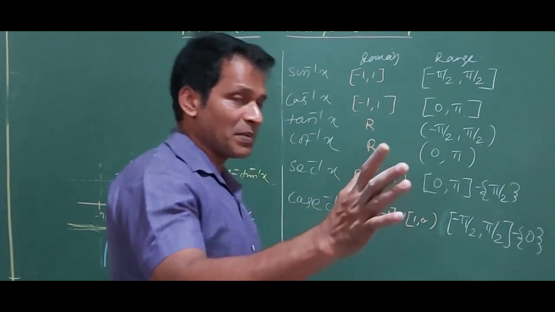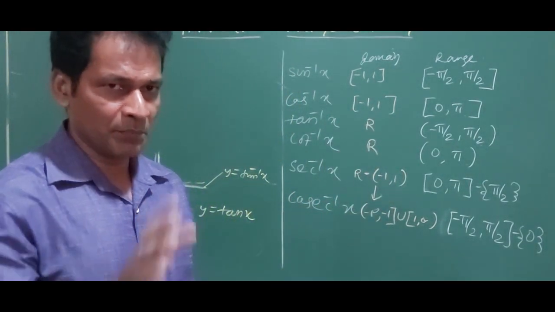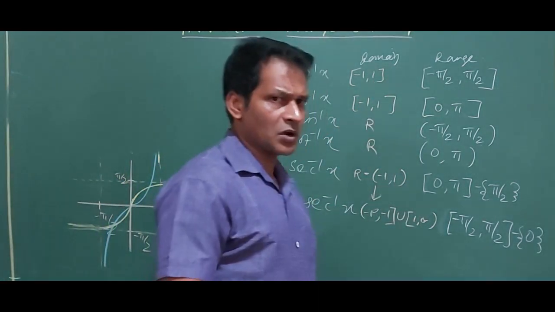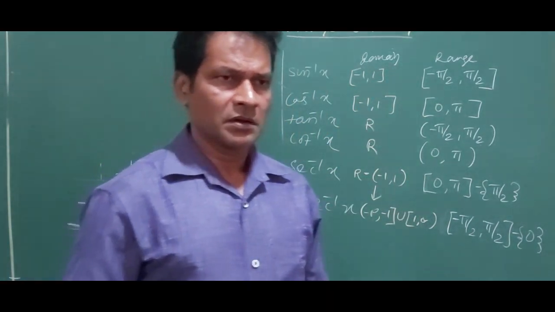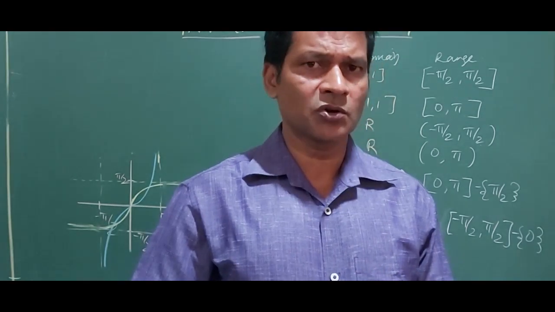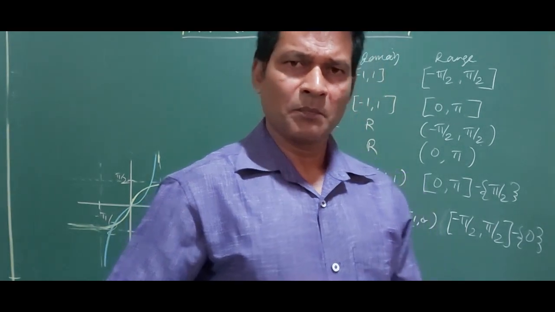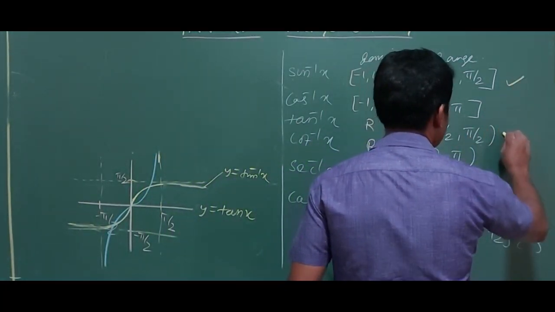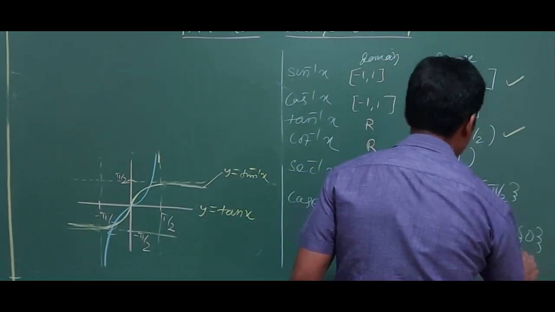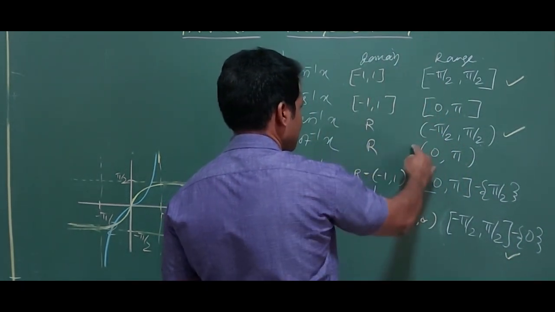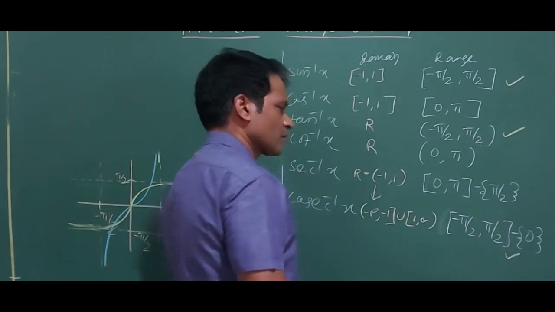Now what is interesting here is that to remember all this, it looks complicated, but if you look carefully, you can find it is divided into two categories: minus pi by 2 to pi by 2, and 0 to pi. That's all. Which ones are in minus pi by 2 to pi by 2? Sin inverse x, tan inverse x, and cosec inverse x.